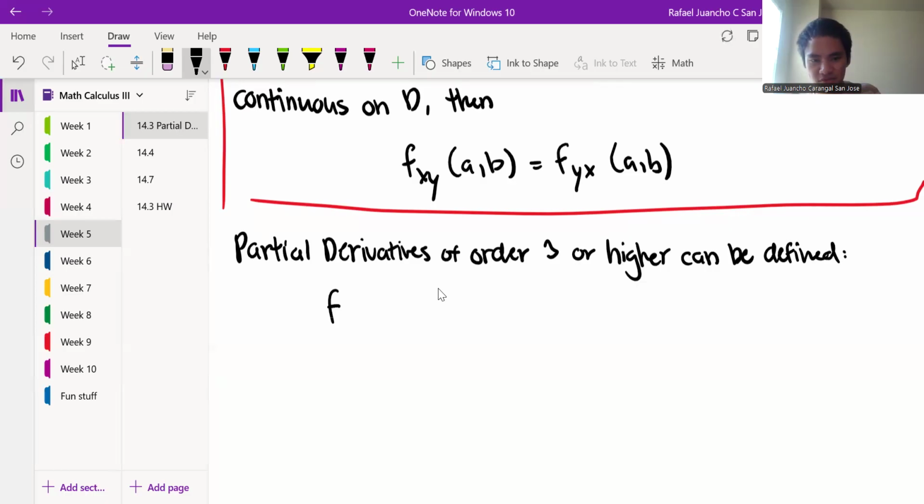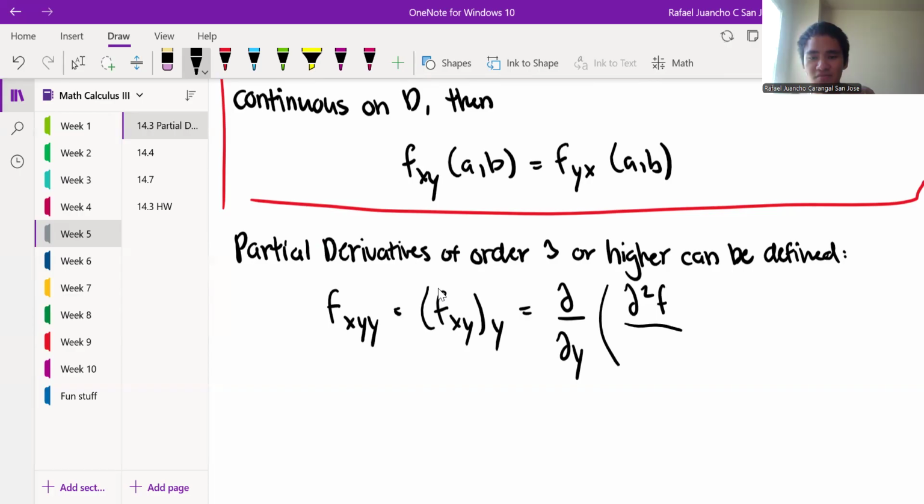Let me try some stuff out. Here, I'm going to say this is an order 3. We take a partial derivative with respect to y, and then the second derivative with respect to y, and then with respect to x.